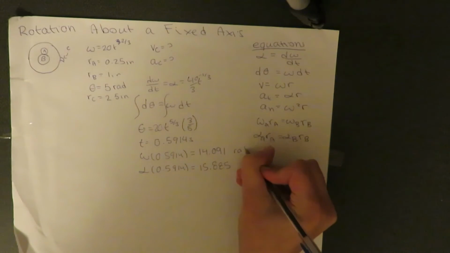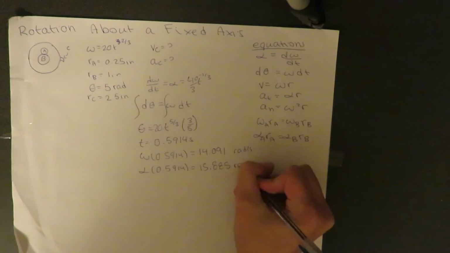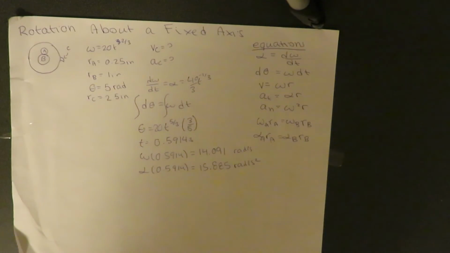This is in radians per second, and angular acceleration is radians per second squared. Okay, so how does this help us get VC and AC?